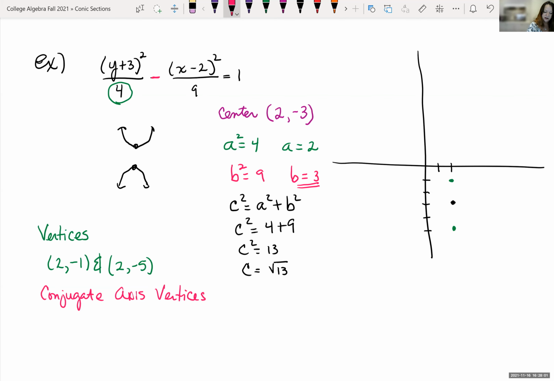So if I go over to the left 3, I'm now at (-1, -3). And if I go to the right 3, I'm now at (5, -3).